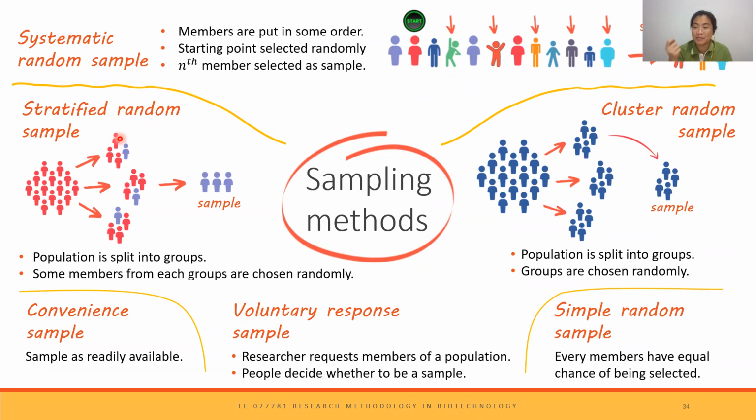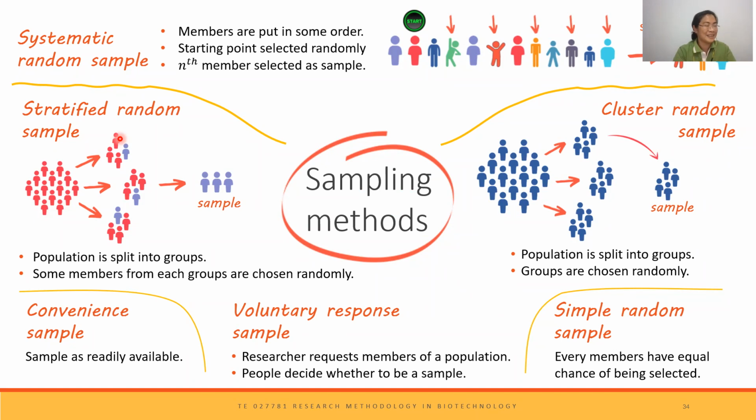Believe it or not, some students do not stir it before taking a sample. That's biased sampling already. So to give an equal chance for the population to be picked at random, you mix it, make it homogeneous, and then take the sample. Sometimes students ask me whether they have to stir it before taking a sample. I say yes, give them an equal chance of being picked by you.